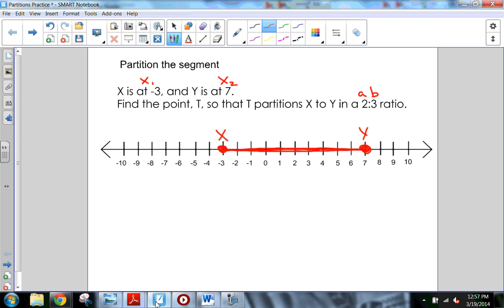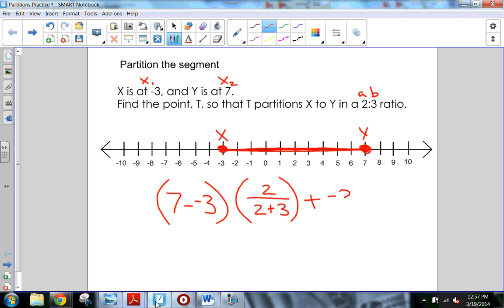I'm going to plug those into the formula that you just saw on the previous page. When I do that, I get 7 minus -3 in parentheses, times little a, which is 2, over little a plus little b, which is 2 plus 3, plus x1, which is -3.